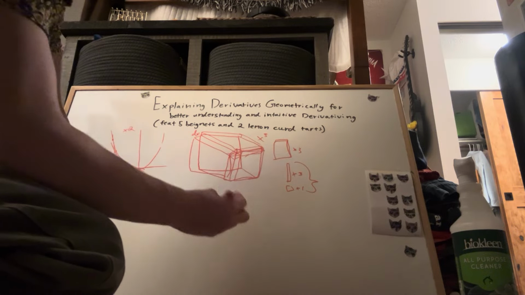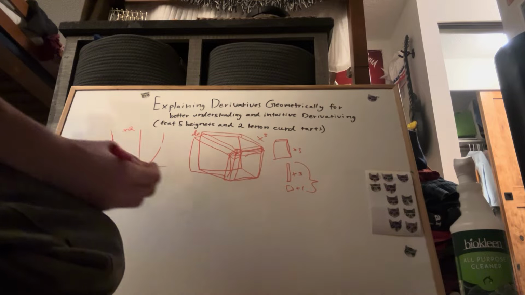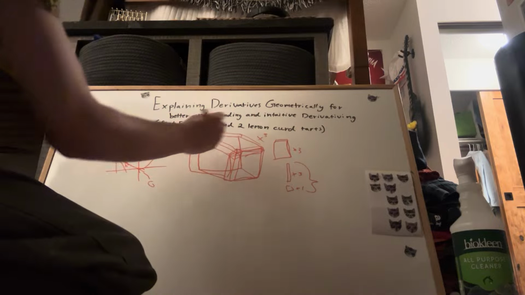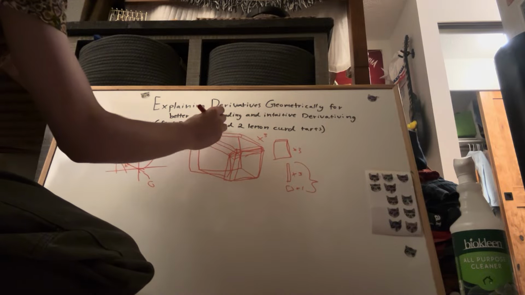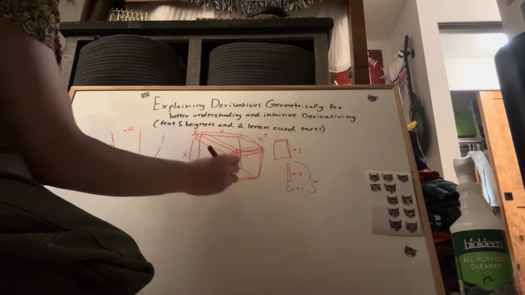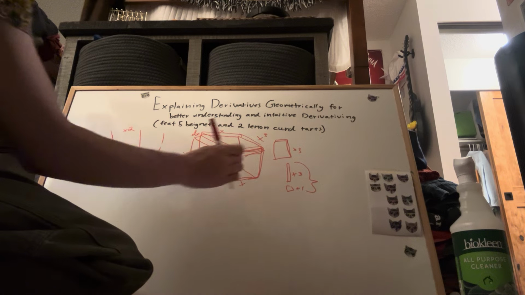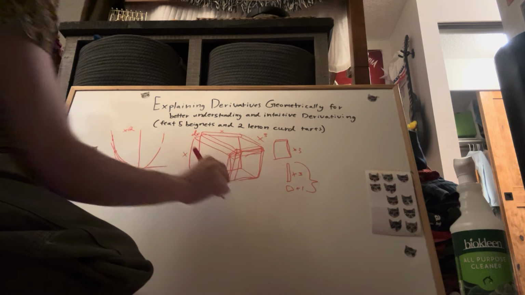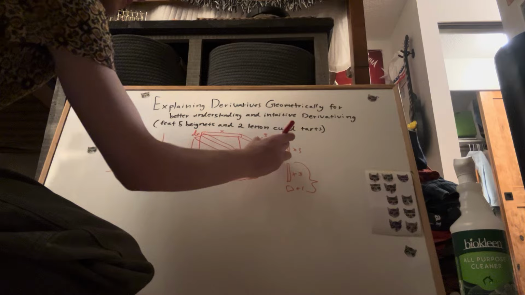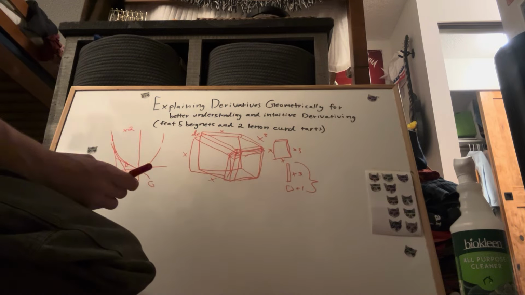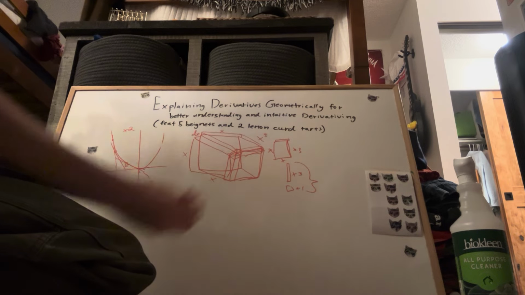We say that this, just like, we don't care about it. So, here, if each side of this represents x, then this is just x times the little dx.